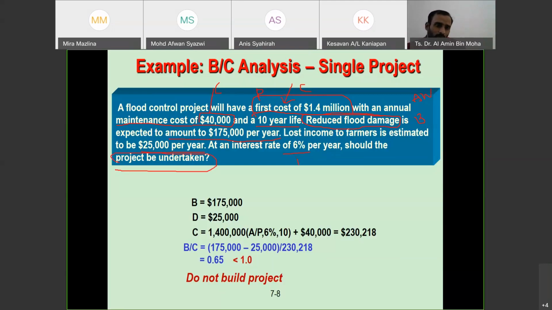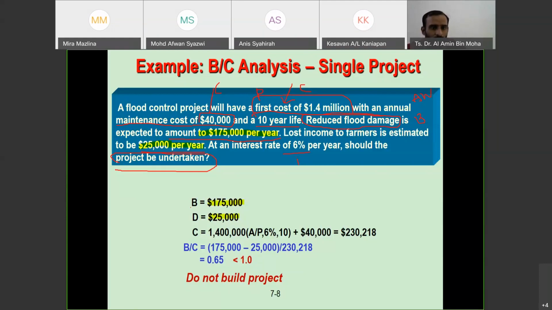So what we should do is take out the information. The 175,000 here is benefit, as we have identified here. Same thing, and then this benefit of 25,000 per year.